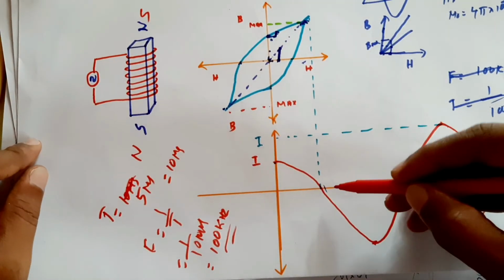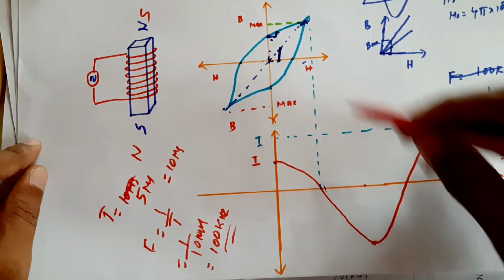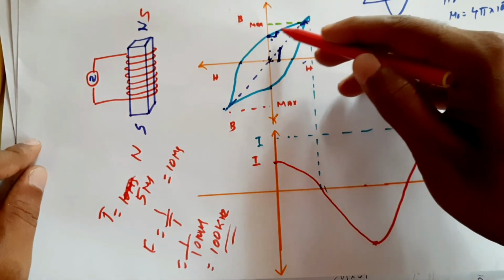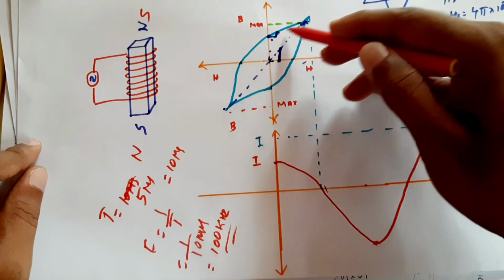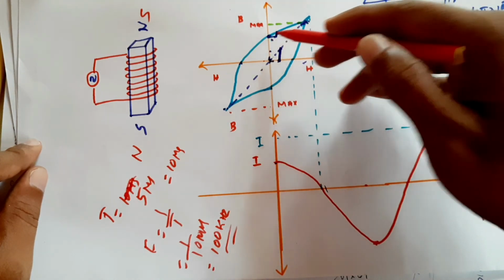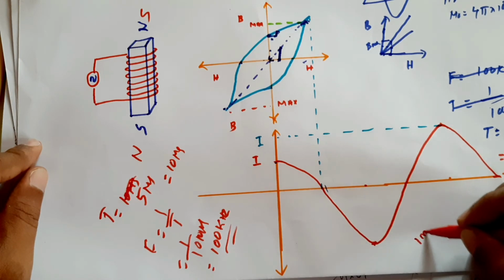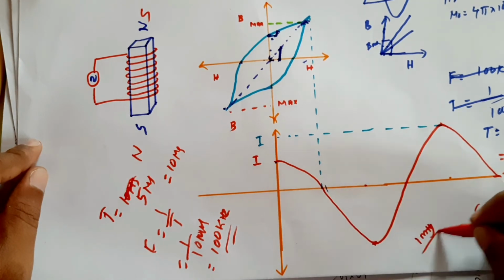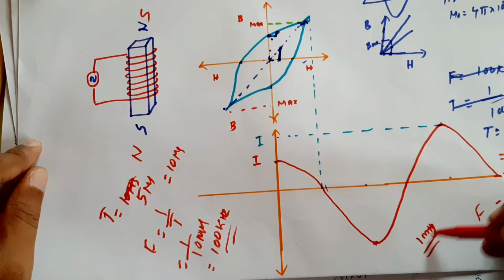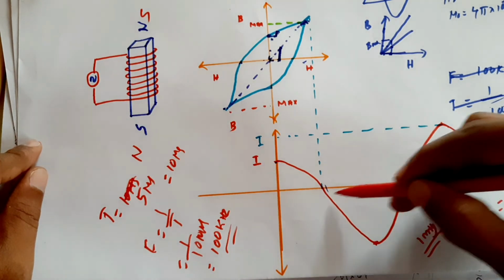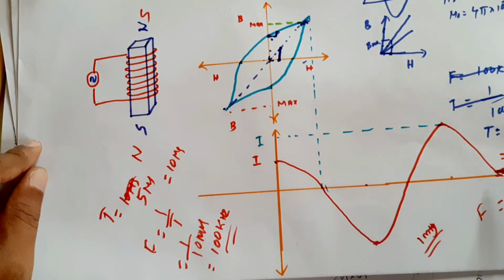If we say that the extra energy we want to overcome the less relative permittivity is, say, 1 millijoule. 1 millijoule is the extra energy needed for one cycle.